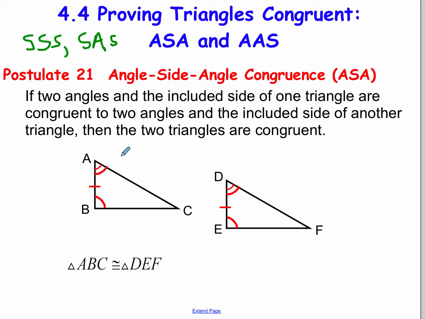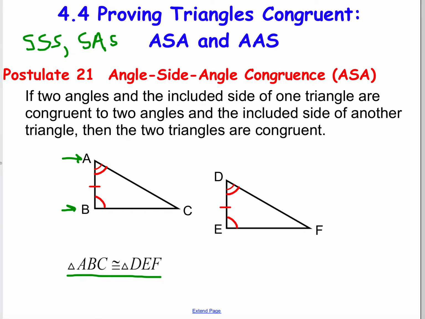Well, here we're working with two angles and the included side. So in this triangle, angle A and angle B would be the two angles, and this side is the included side because it's between those two angles. So if we can prove that two angles and the included side are congruent between two triangles, then that's enough to say that the two triangles are congruent.